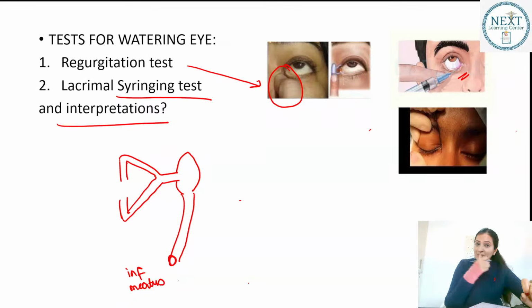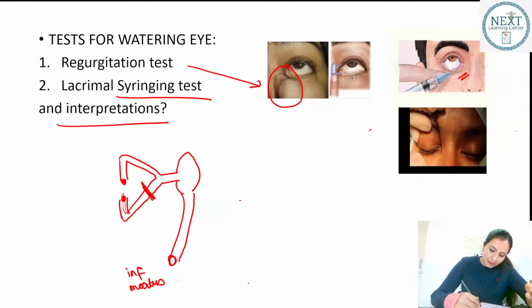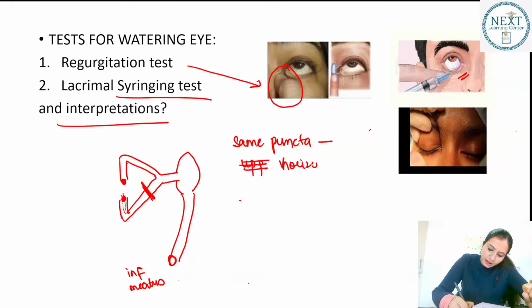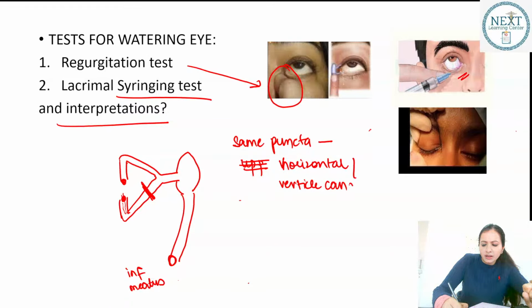If you talk about the lacrimal syringing and its interpretations, here we have got superior and inferior puncta. Whenever the fluid is coming out through the same puncta, what does that mean? That means same puncta regurgitation, that is suggestive of horizontal or vertical canalicular obstruction.